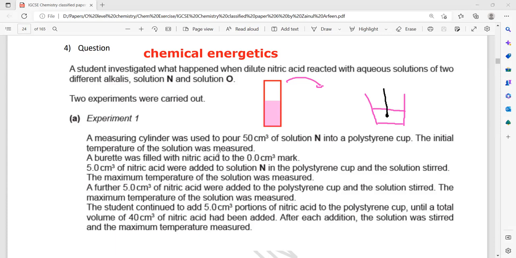Then a burette was filled with nitric acid, HNO3, and 5 cm³ of the nitric acid was added from the burette.